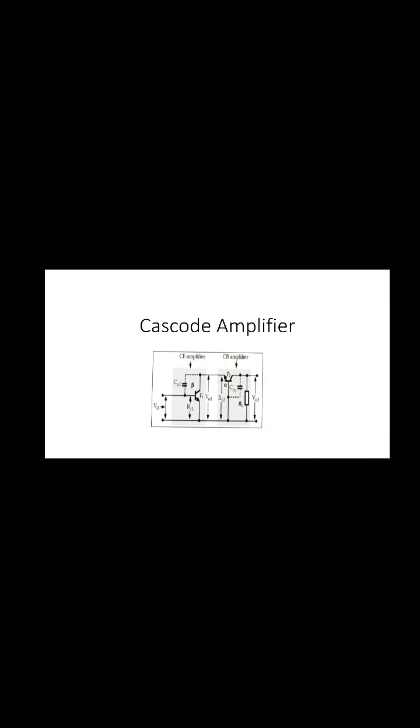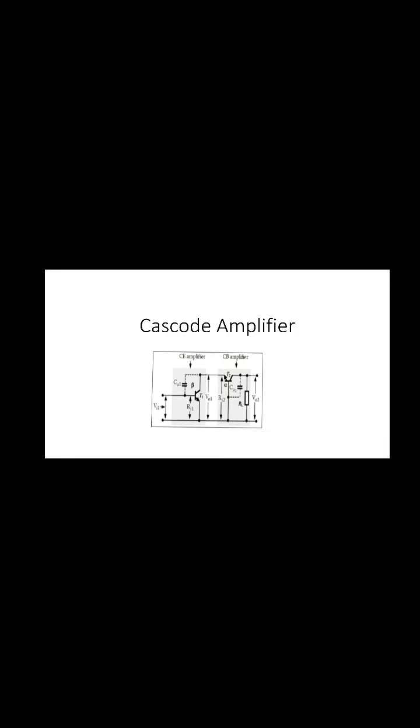So here Vi is the input voltage, V02 is the output voltage of CB. The gain of the first transistor, the CE amplifier, is beta, and the gain of the second transistor, the CB amplifier, is alpha, because it is common base.